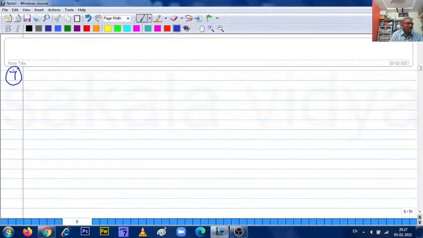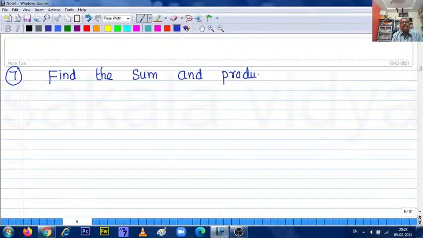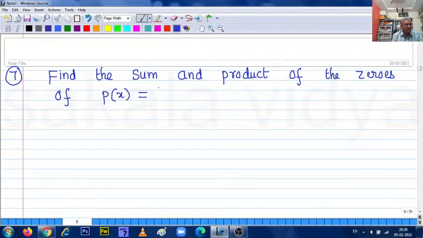Seventh question. Find the sum and product of the zeros of P of x equals x square minus 5x minus 4.